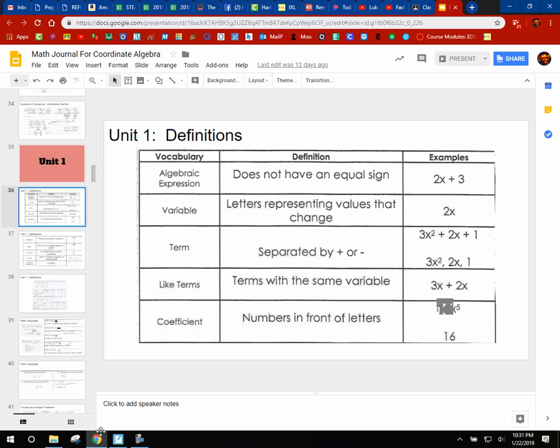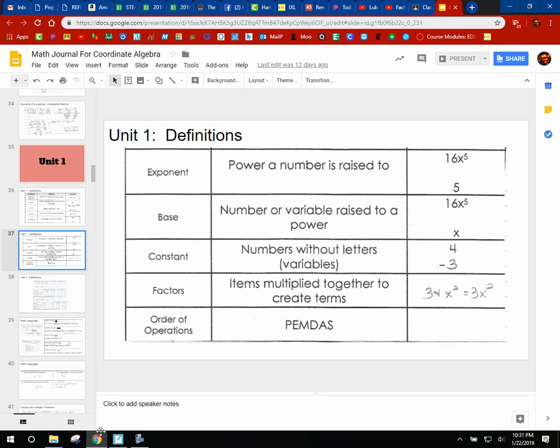Coefficient will be the numbers in front of the letters. So if I gave you an example like 16x to the 5th power, and I asked you what the coefficient is, your answer should just be 16. Alright? Again, you need to go ahead and pause the video so you can jot this down or open up your notes. But an exponent will be the power a number is raised to.